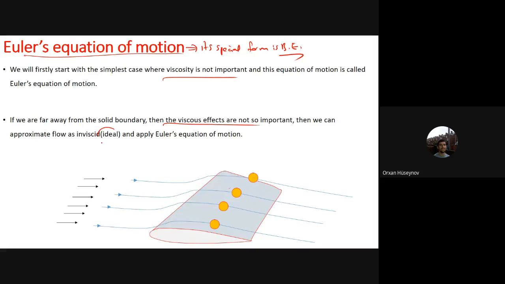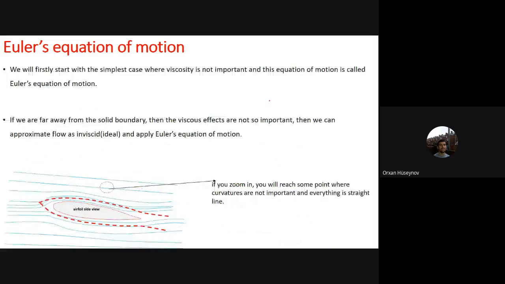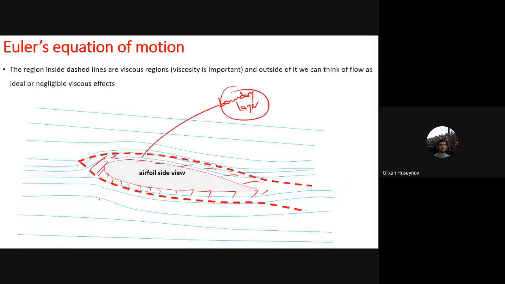But you see that on the airfoil, you cannot use Euler's equation here. This part, you cannot use it. Why? Because it is boundary layer. Boundary layer is the source of the problems. But you can use it here because it is away from the boundary layer. Similar to the wind turbine here.